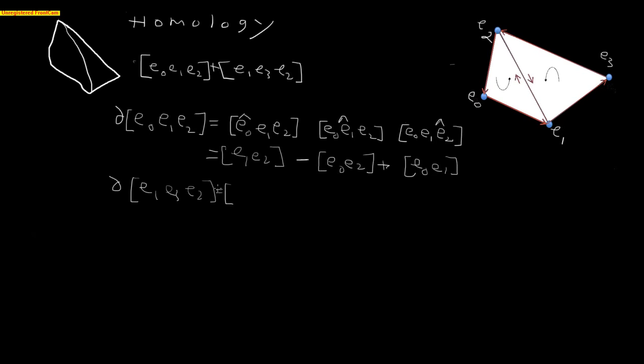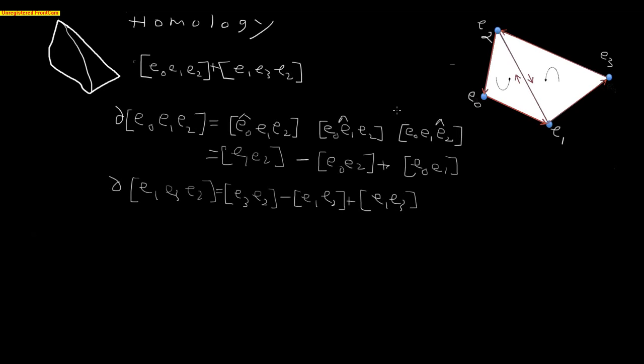If we follow the same rule and make sure that we get the right orientation, we drop the first one, we get [E3, E2], minus, we drop the second one, [E1, E2], plus, we drop the third one, we get [E1, E3].